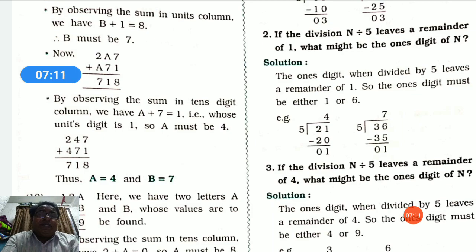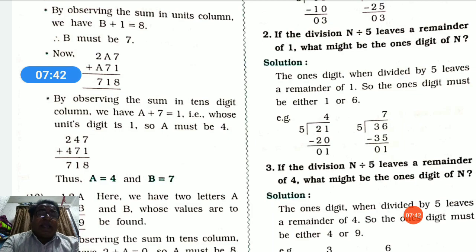The ones digit when divided by 5 leaves a remainder of 1. So the ones digit must be either 1 or 6. Example, 21 divided by 5. 5 4 ja 20, remainder is 1. 36 divided by 5. 5 7 ja 35, remainder is 1.